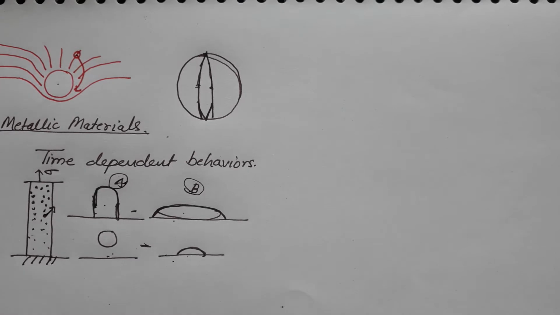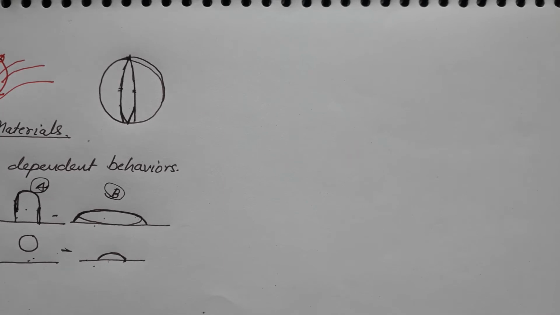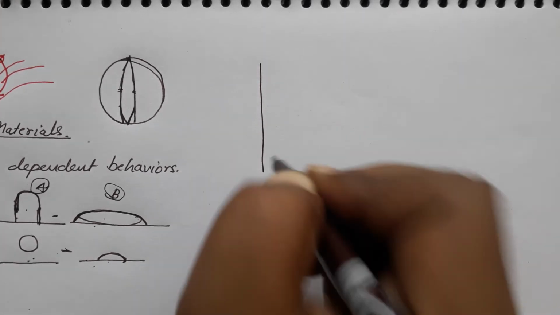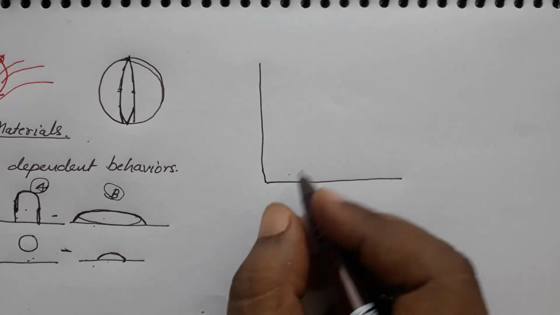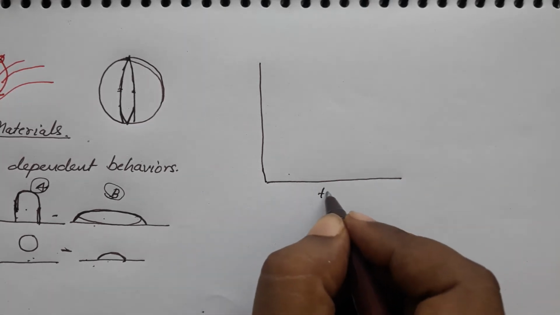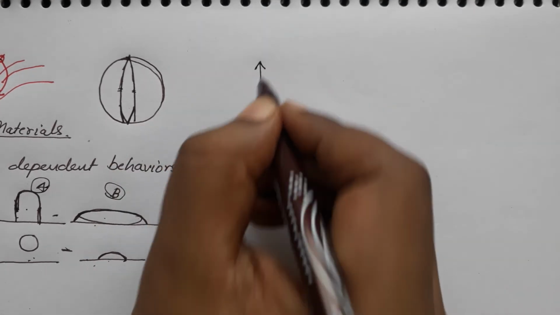So, let us understand this in a mechanics of materials way, for example. Let us say that I am applying some amount of stress on a material, and this is my time axis, and this is my strain axis.